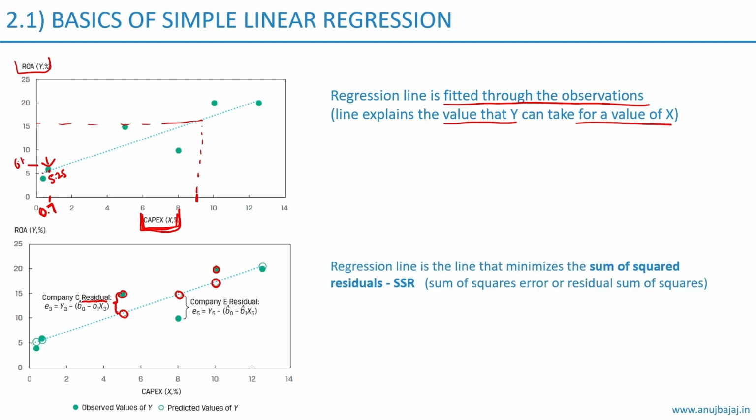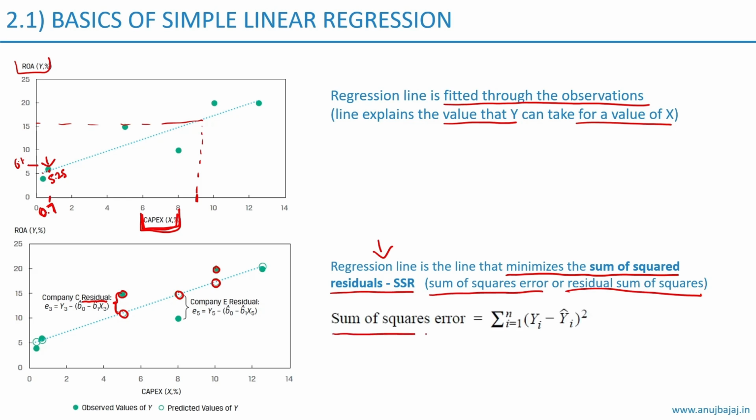So a regression line is the one which minimizes the sum of the squared residuals. Even in the previous slide, we said that the ideal regression line is the one which minimizes the sum of squared residuals. The sum of squared residuals is also known as the sum of squares error or the residual sum of squares.